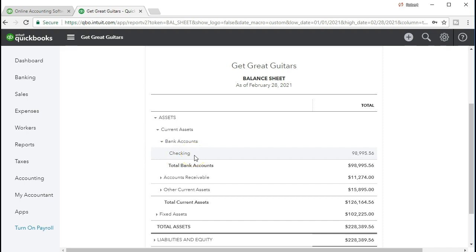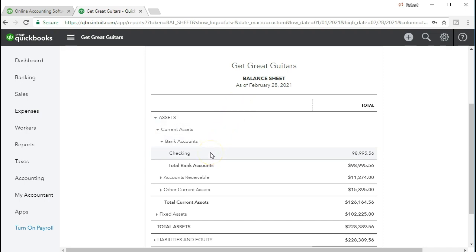And if we were to export this, or if you learn this in a theory class, it wouldn't typically be called bank account or checking account. It would be called cash, and it would include all cash type items, whether they be savings account or checking account. Within QuickBooks, if we have multiple cash accounts or multiple checking accounts, we will typically list them out here, even on the balance sheet.